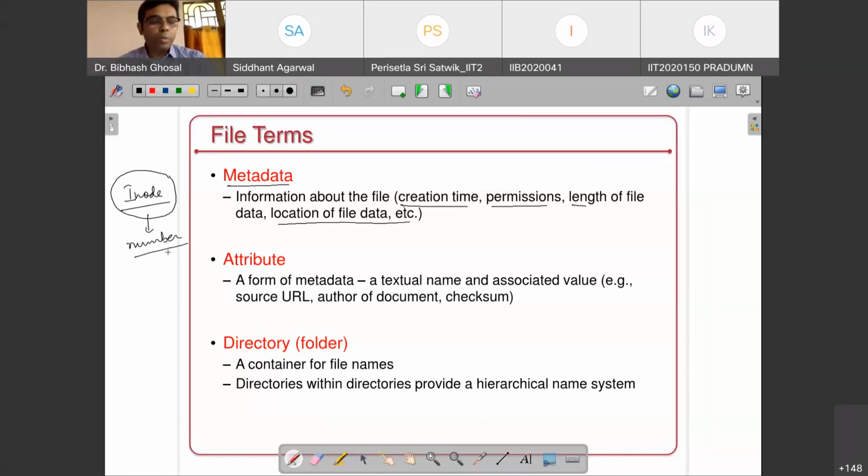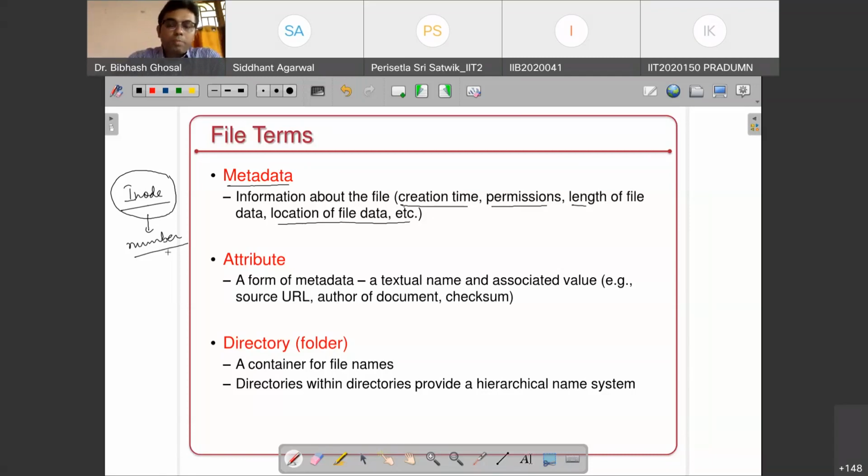So the moment you create a file, an inode of that particular file is created. There's a number associated to that particular inode. So accessing a file invariably requires accessing the inode. That's the first thing that an operating system should do.